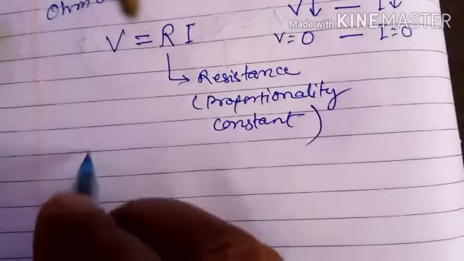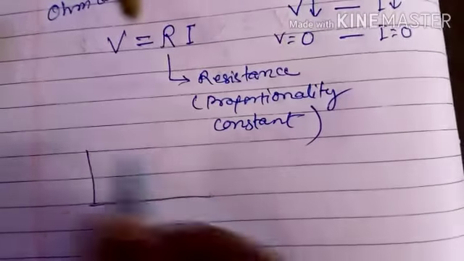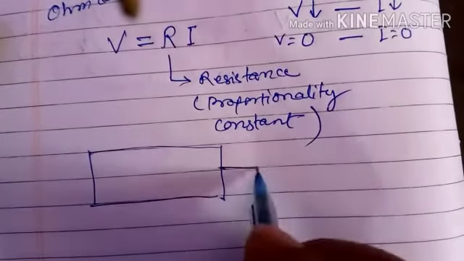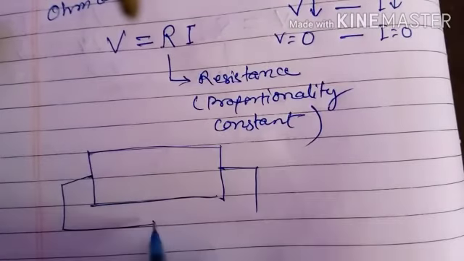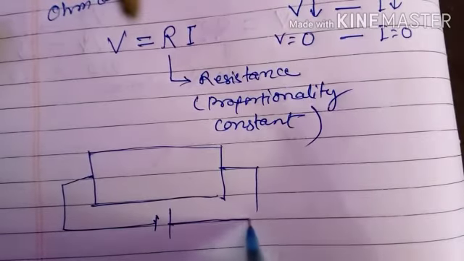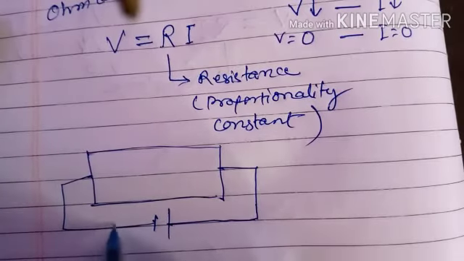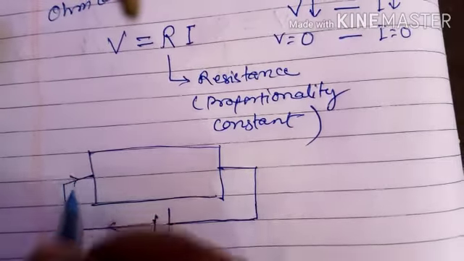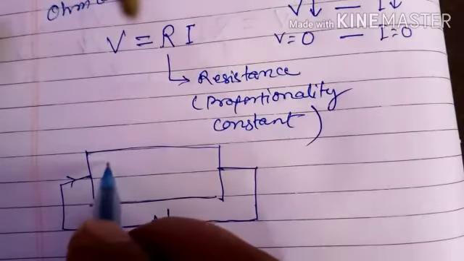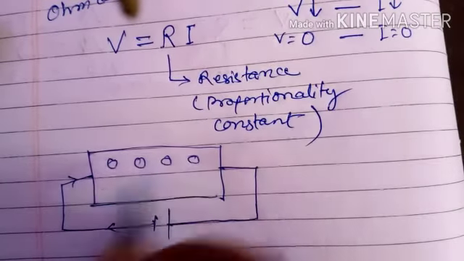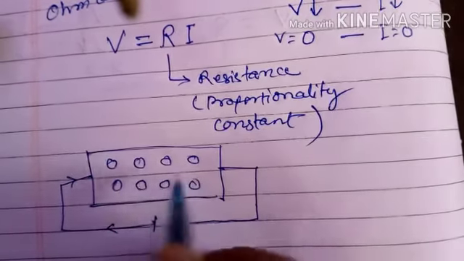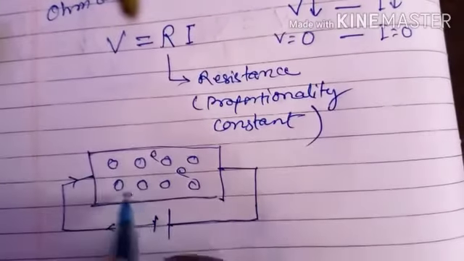Suppose this is a conductor, and when it is connected with a cell, what happens? The electric current starts to flow from the negative terminal. We know that inside a conductor, atoms as well as electrons are present.